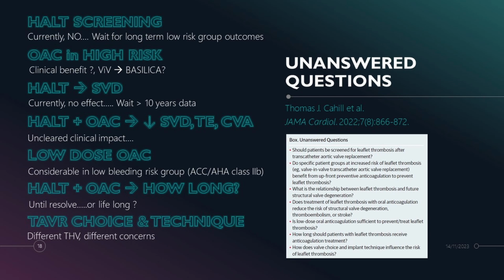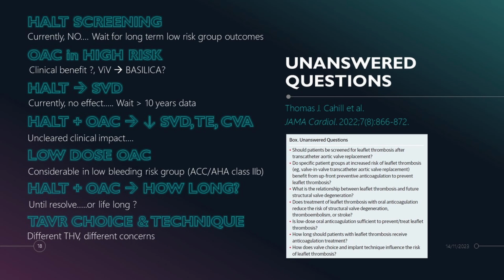As long as 3 to 5 years, there is no effect of HALT that can increase the gradient. We have to wait for more than 10 years of data. The fourth question: does treatment of leaflet thrombosis with oral anticoagulation reduce the risk of structural valve degeneration, thromboembolism, or stroke? Right now, the clinical impact is unclear.